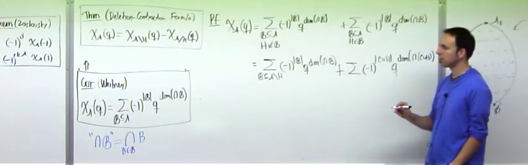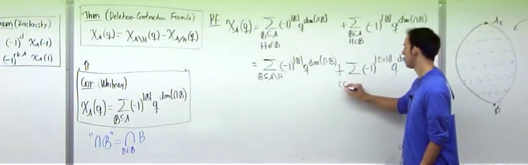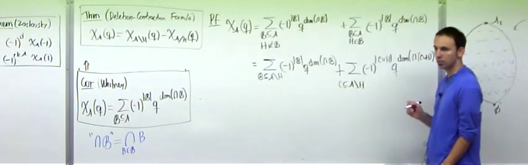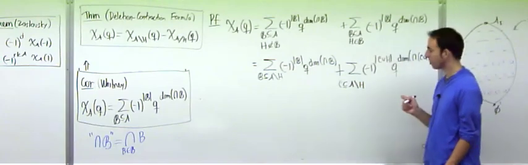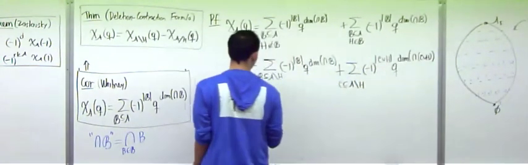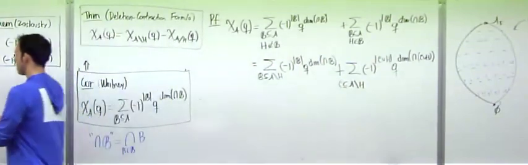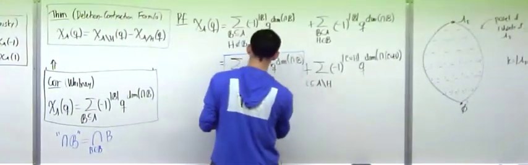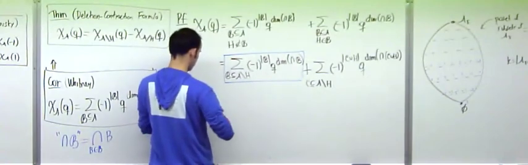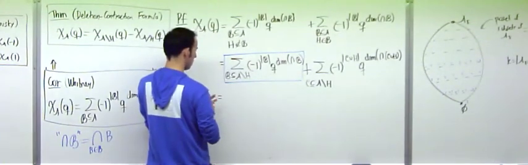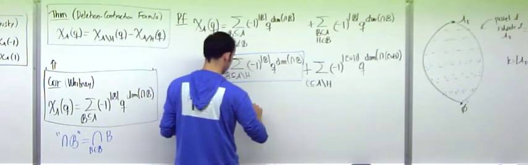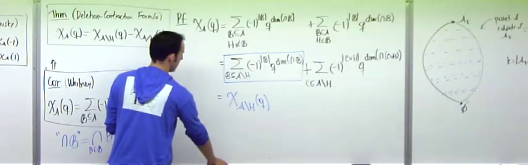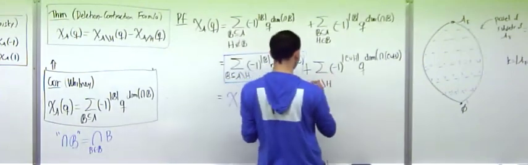And I'm going to call that something C. And that C is going to be any subset of A that doesn't contain H. Right? Because it doesn't contain H because I just deleted H. So then, like I said, this first thing is just the characteristic polynomial of the deletion. Now, what about the other one? Well, it better be the contraction, right? But let's prove it.